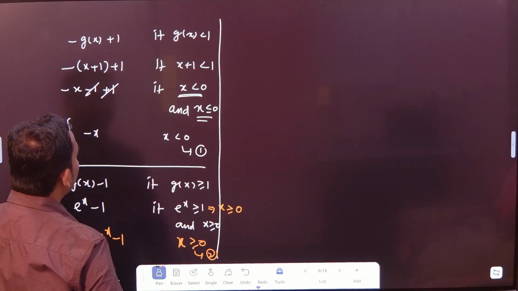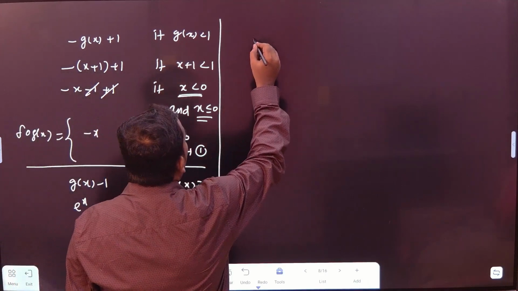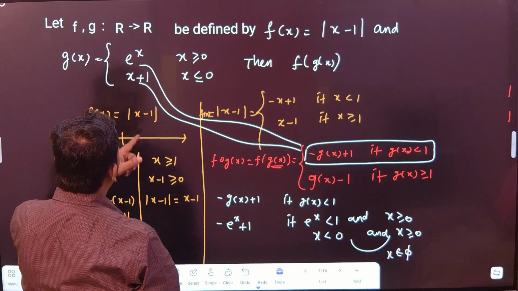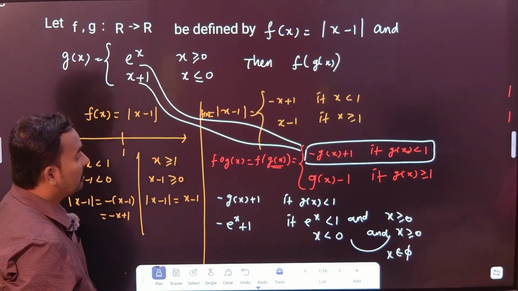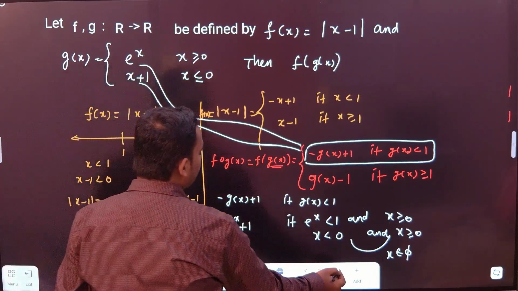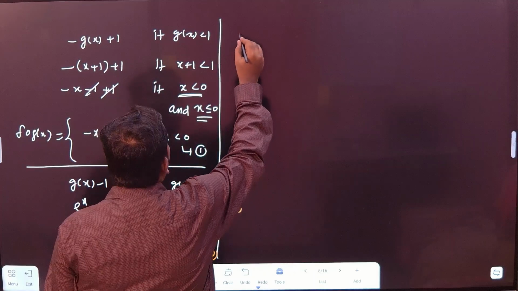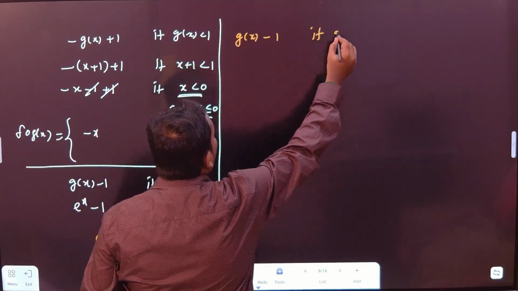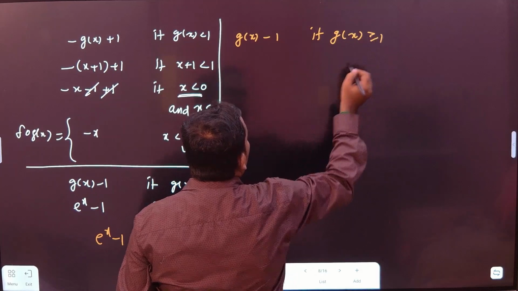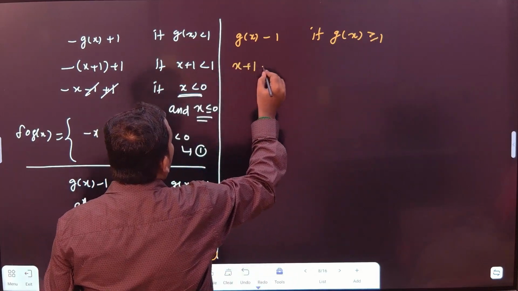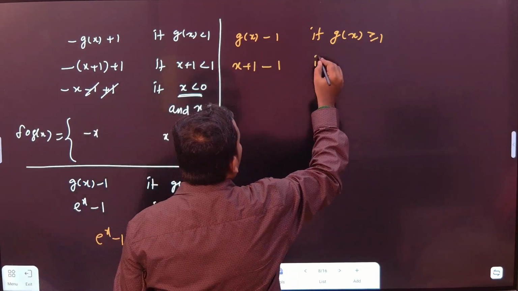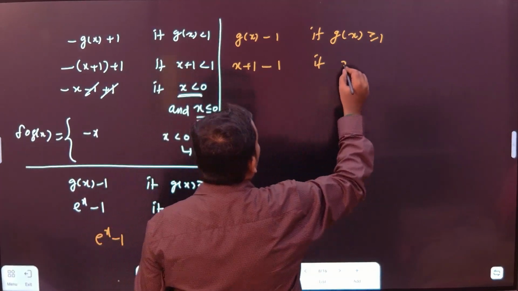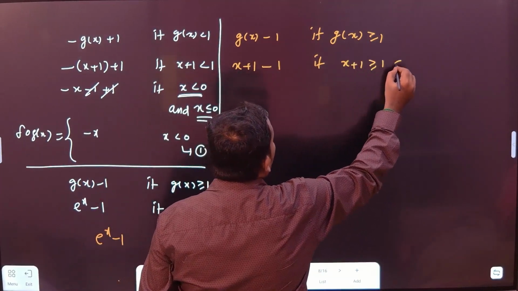You can apply the second function. What is that second function? It is x plus 1, right? When x is less than or equal to 0. So g of x minus 1 if g of x is greater than or equal to 1, the second function gives x plus 1 minus 1, if x plus 1 is greater than or equal to 1.